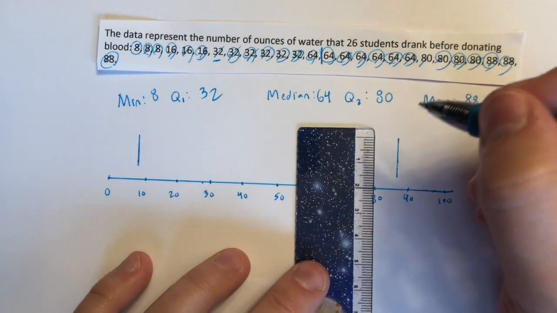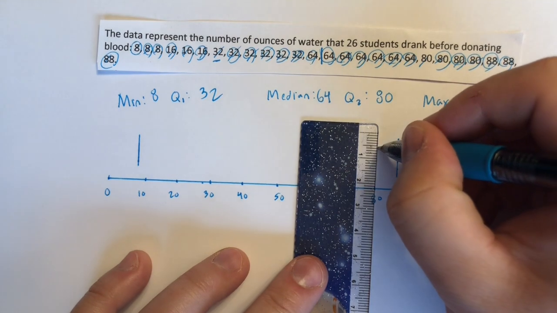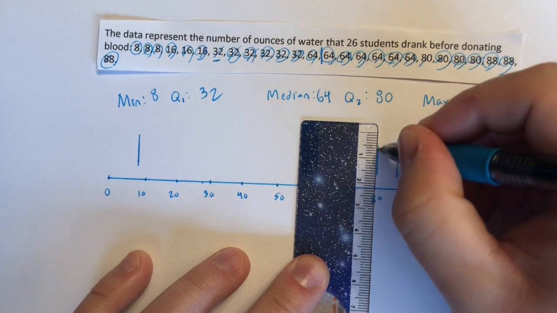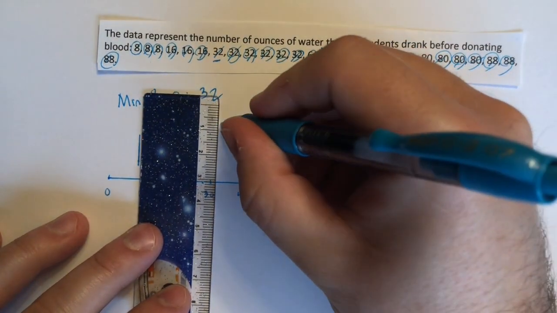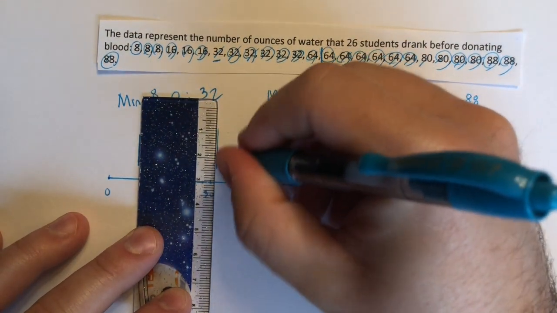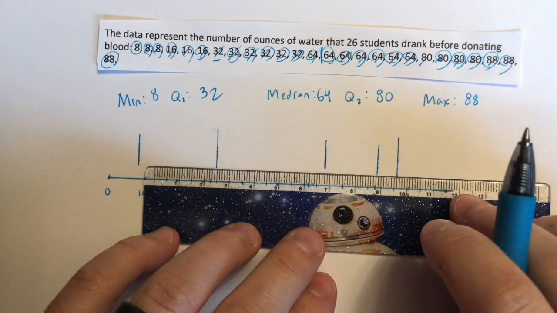Our quartile 3 is about right here. Our quartile 1 is about right here. We're going to try to create this box.